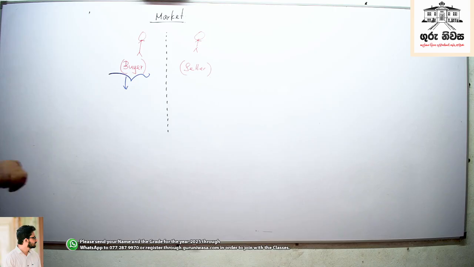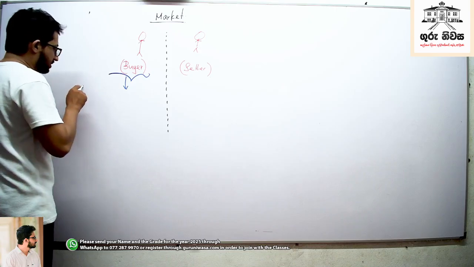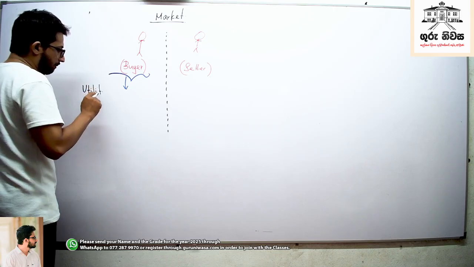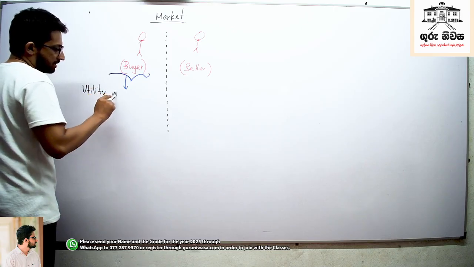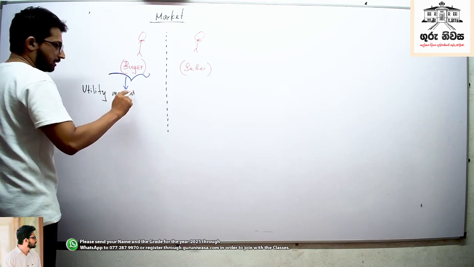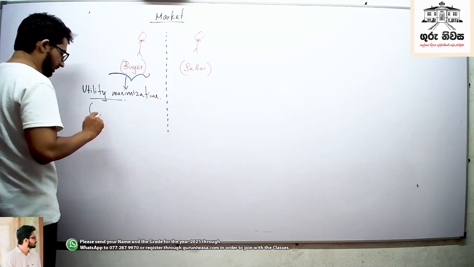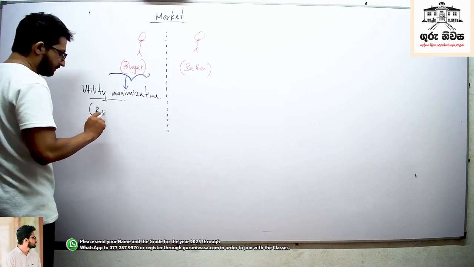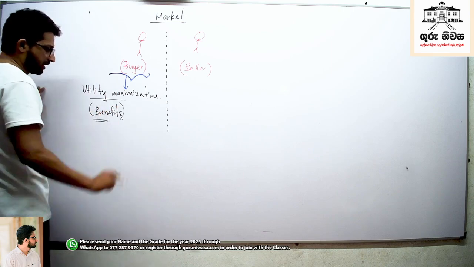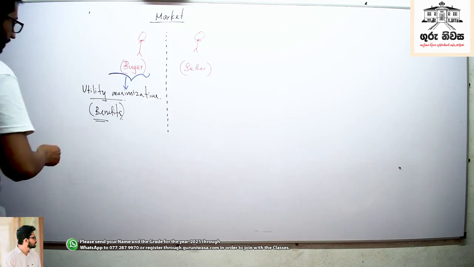This is called benefit maximization, or we can say utility maximization. There's an economic term, utility maximization, or maximizing benefits. This is the main objective of buyers. Why do they go to the market?